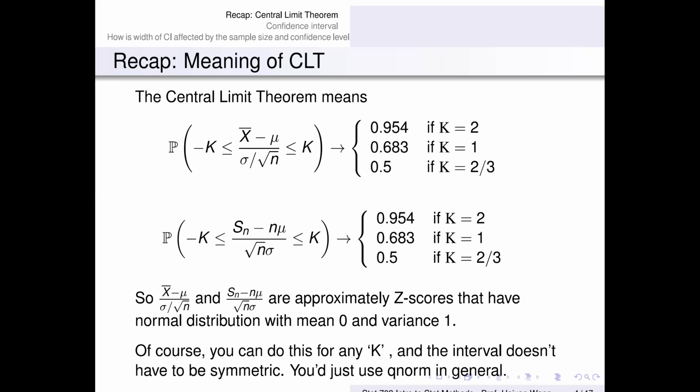And if we change the range to 2 standard deviations, so x bar could deviate from the center mu by 2 standard deviations, taking k equals 2, then that becomes 95.4%. If we take k to be 2/3, in that case, what we have is 50% of the data in the middle.